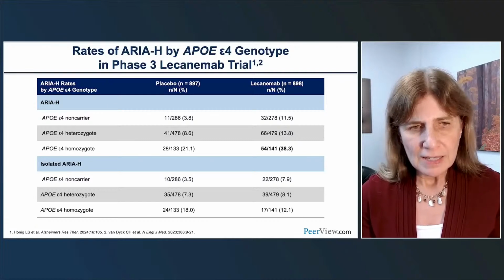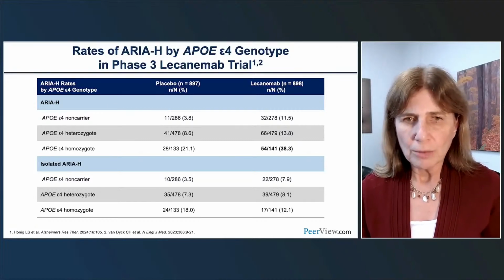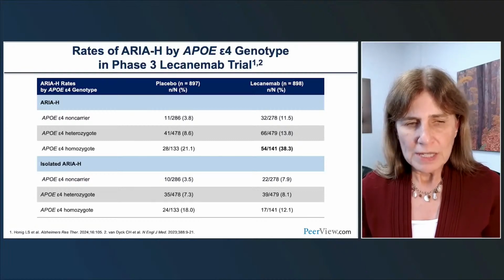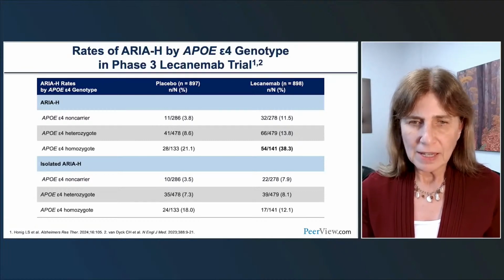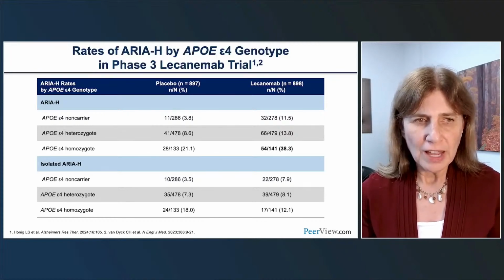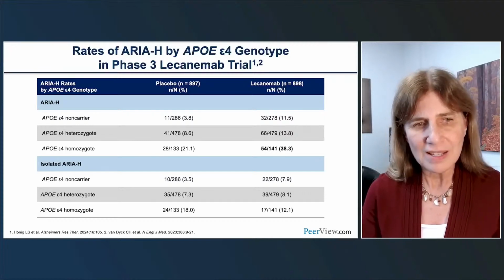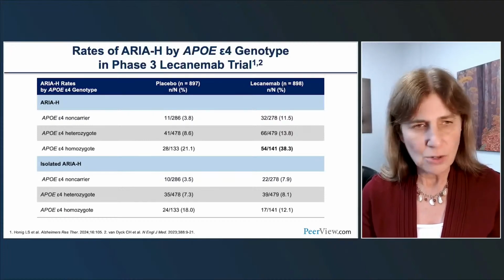If we look at isolated ARIA-H, this is ARIA-H without concomitant ARIA-E, we see fairly similar rates across the board, and we think it is the combination of ARIA-H and ARIA-E that tends to be symptomatic. Most isolated ARIA-H is not symptomatic.